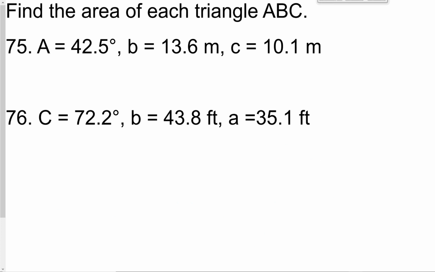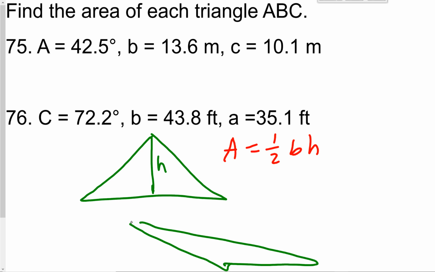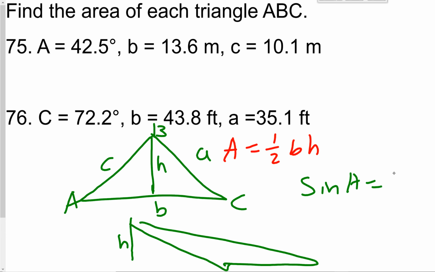So remember that the area of a triangle is half base times height. With any type of triangle, I can create my height either inside or, if I need to, on the outside. So I can always find my height, and I can find it with sine, cosine, and tangent. If I have these sides labeled big A, little a, big C, little c, big B, little b, I can take sine of A, which is opposite, little a, over the hypotenuse.